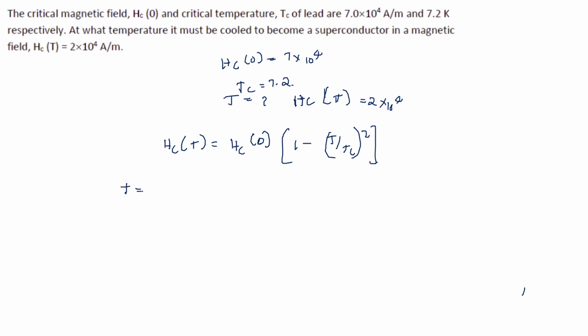From here you have to calculate T. T will be Tc, you just rearrange it, into 1 minus HC of T divided by HC of 0 whole power 1 over 2.